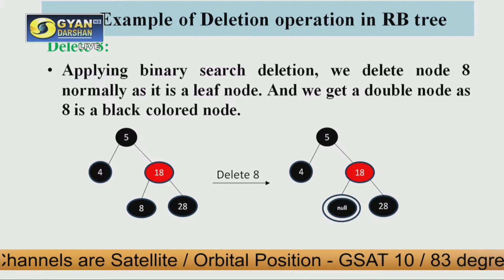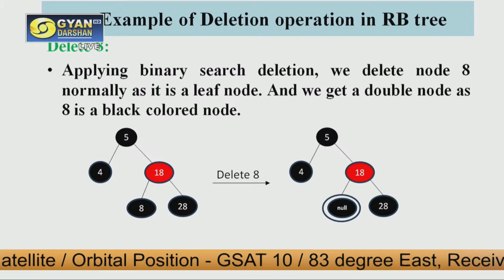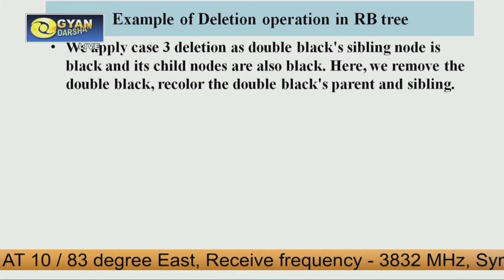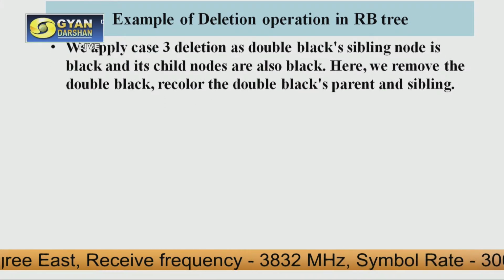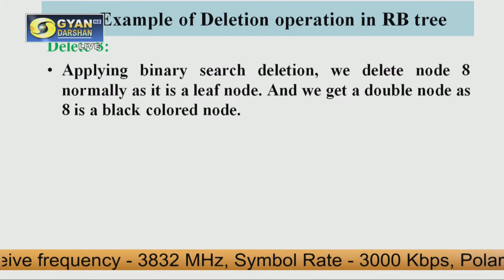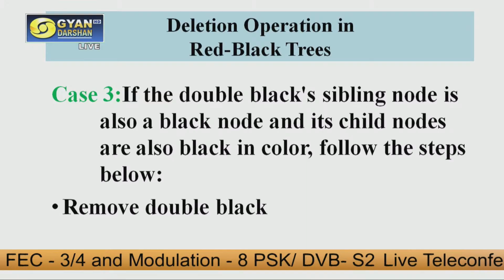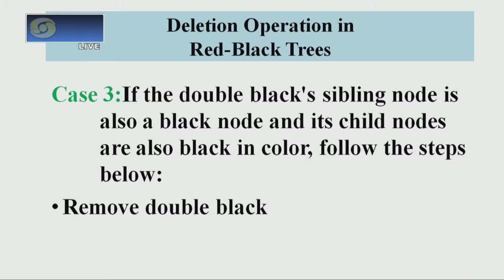So how can we handle this double black? In this case, we apply case 3. What is case 3? Let me go back to case 3. Case 3 says that if the double black node's sibling is also a black node and its children are also black in color, then we follow these steps.